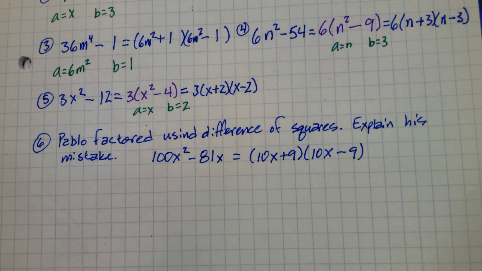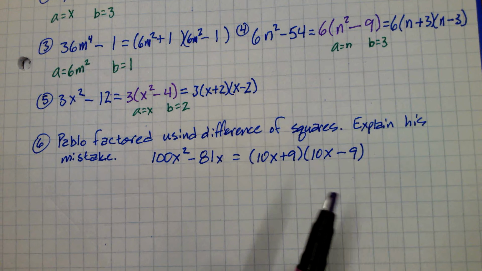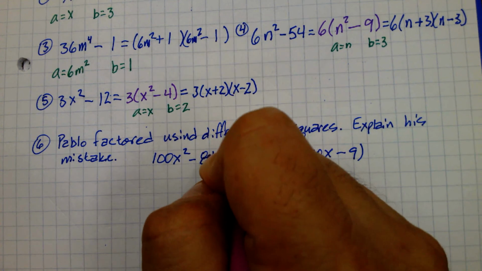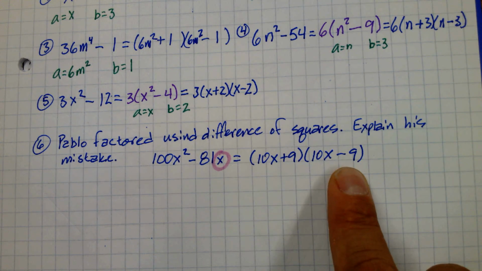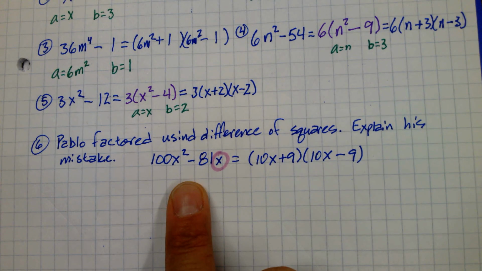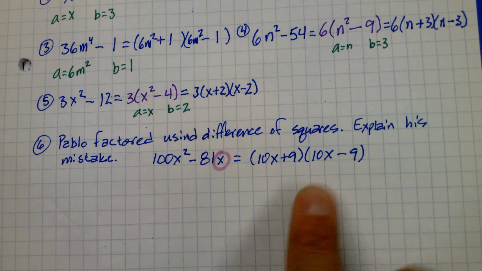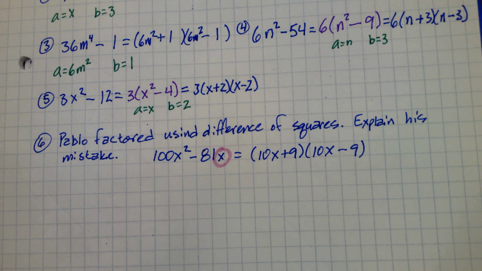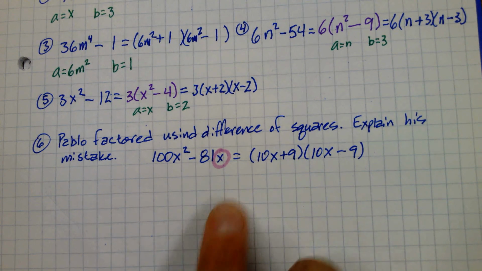Since it had that x and we multiply the plus 9 and the minus 9, we only get negative 81. Right. Yeah, this is the issue right there, the x right there. If you multiply this back, you'll see that you won't get that answer, right? If I multiply these two together, I get 100x squared minus 81, not 81x. So that x disappears in this.